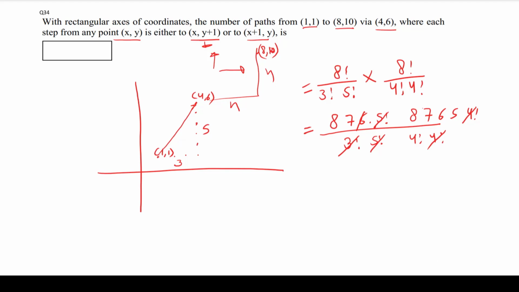This will be 84 and this will be 24, which gives 56 into 70. 56 into 70 will be 3920. So the answer will be 3920.